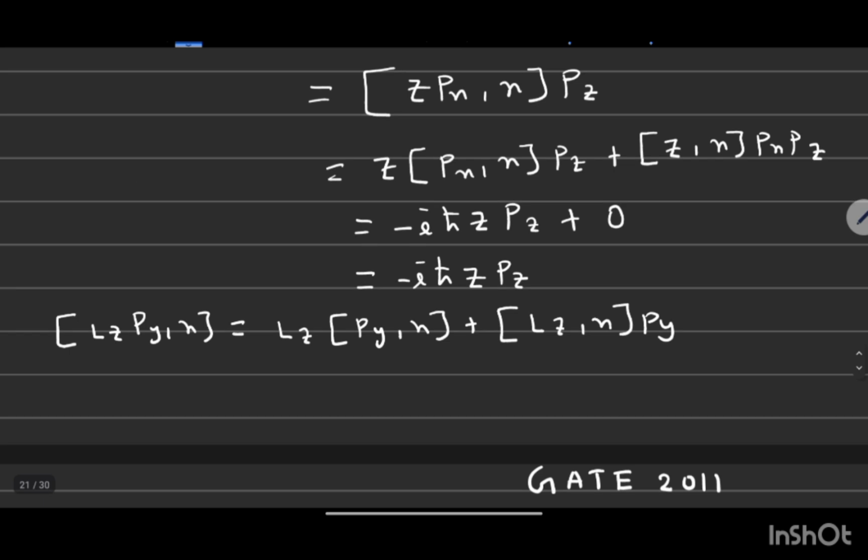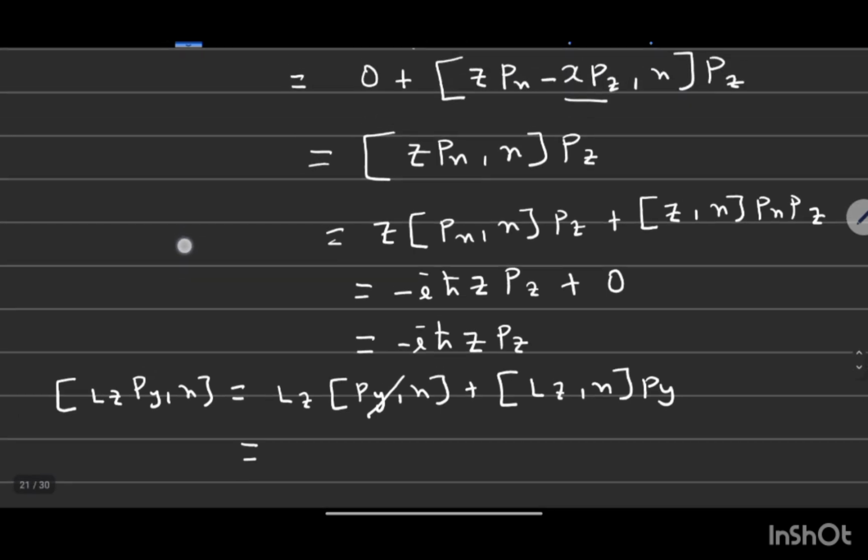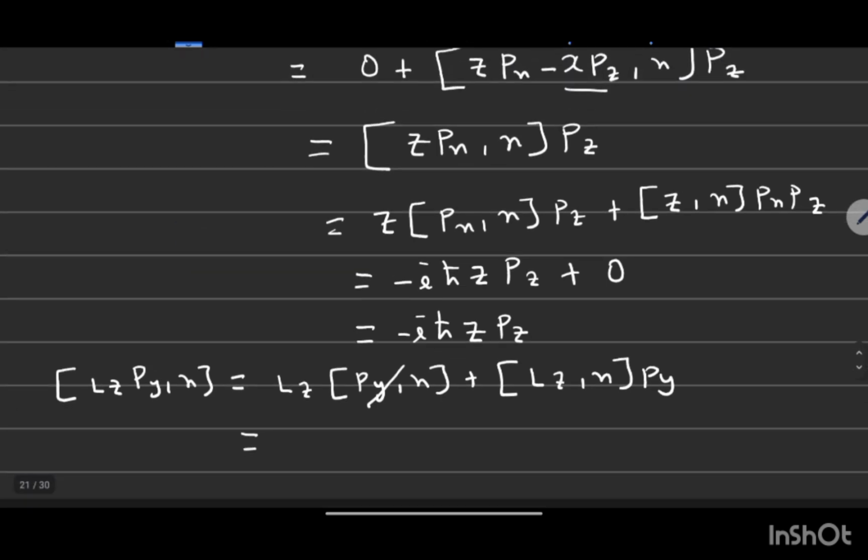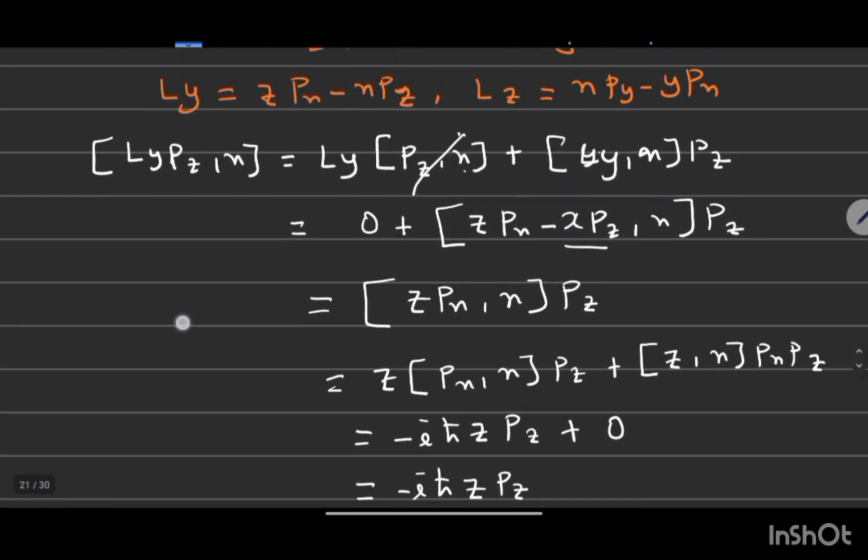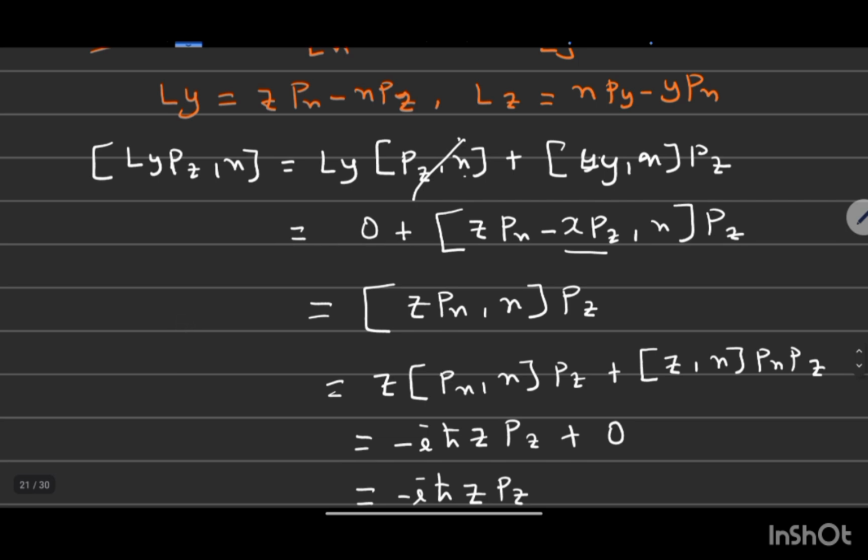These two will commute, so this will be 0. So we have Lz comma x. What is Lz? x Py minus y Px.